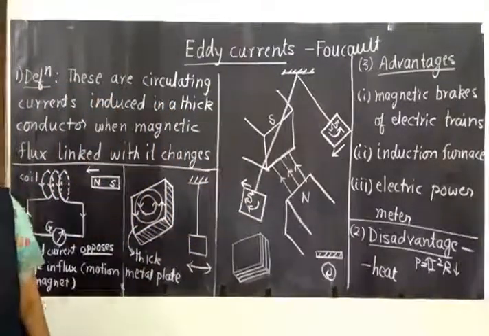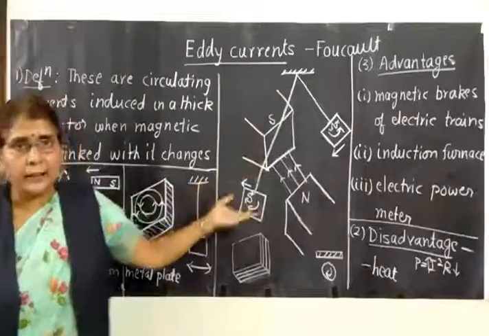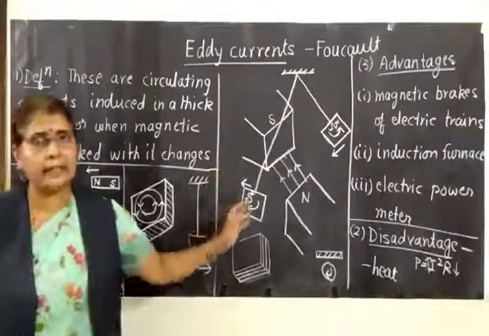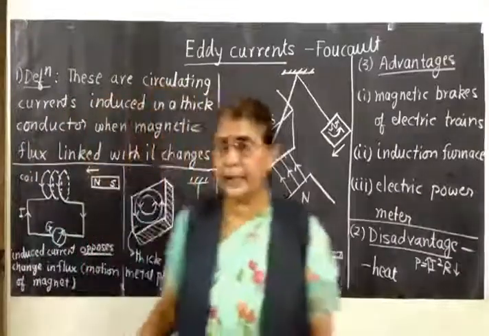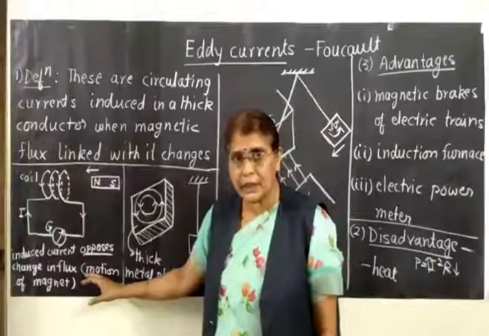So what is the example? A thick metal plate is made to oscillate in a magnetic field. The flux linked with it changes because of the oscillations and thereby eddy currents are induced in the plate. Now you saw in Lenz's law that the induced current always opposes the change in flux.